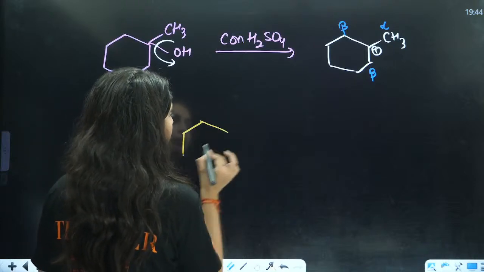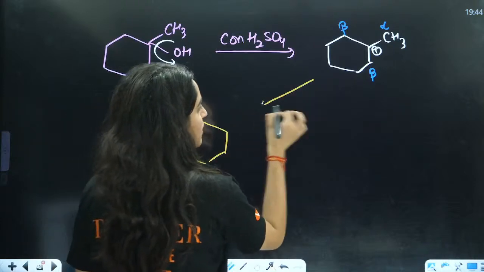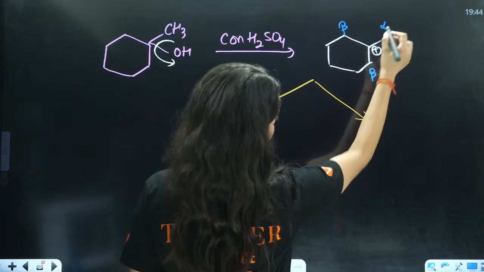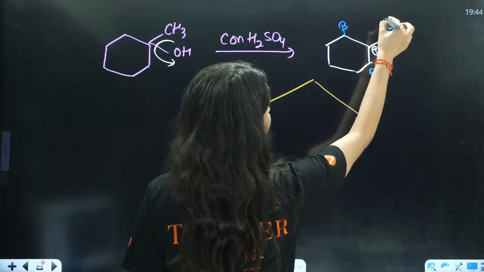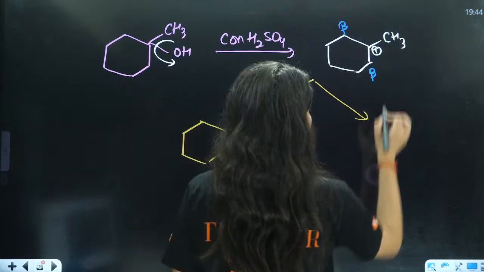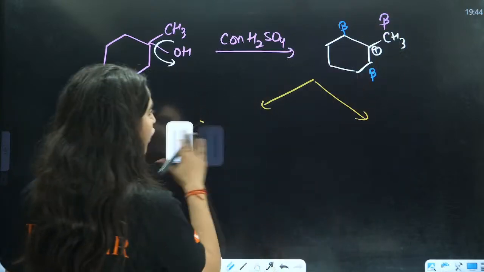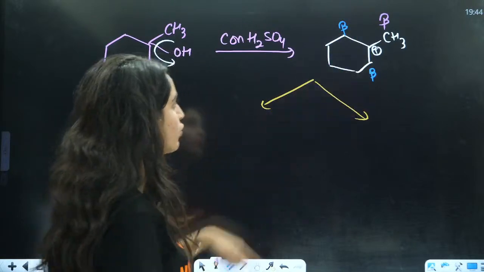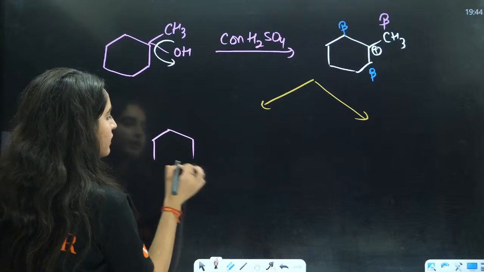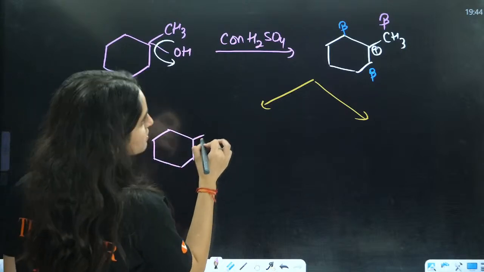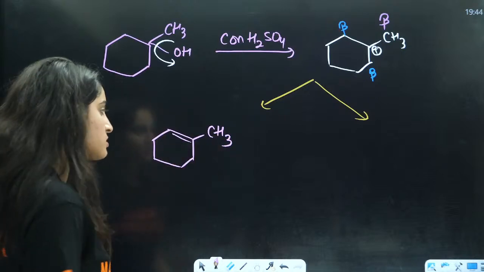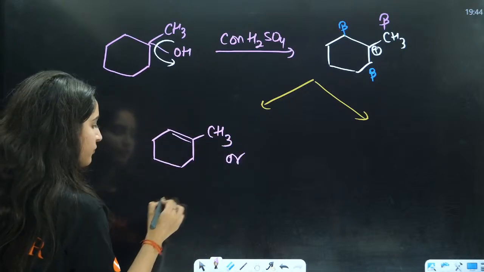If you talk about it, 2 possibilities are there, from this beta and this beta. Wait a minute, I'm drawing this with a pink pen. If hydrogen is taken by this blue beta, then the answer will be this CH3, either this or this.